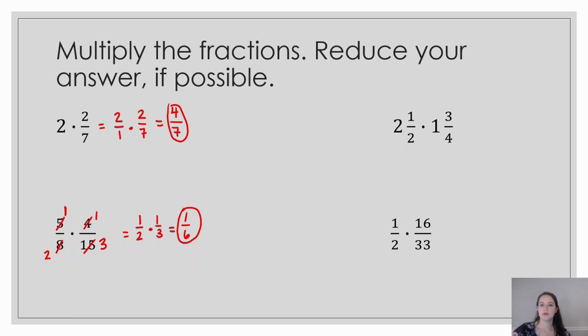All right, I'm going to go ahead to this one. Convert my mixed numbers. So let's see, that's going to become 5 over 2. Remember, multiply your 2's. Add the 1. Same thing here. Multiply the 4 and the 1 and add the 3. So 7 over 4.